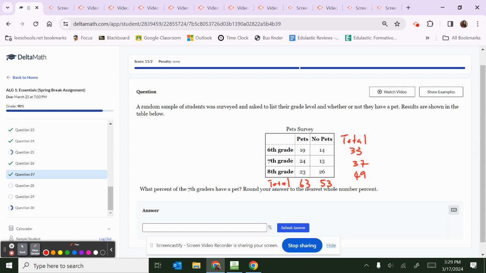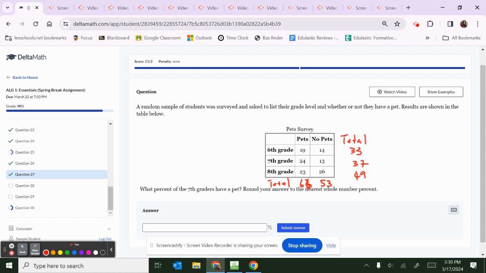Okay. So 19 plus 24 plus 23 actually should be 66. Okay. And then 14 plus 13 plus 26 is indeed 53. So I would have made a mistake on the first one when I added them.